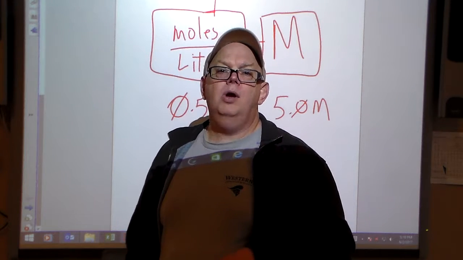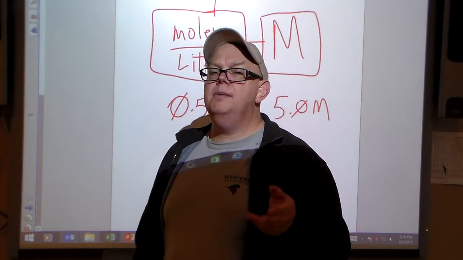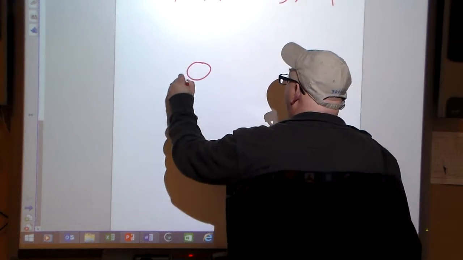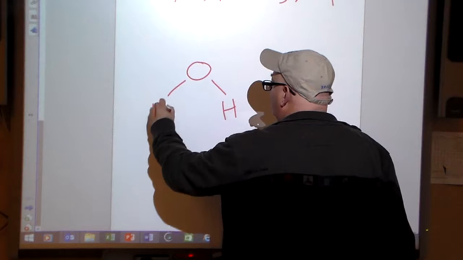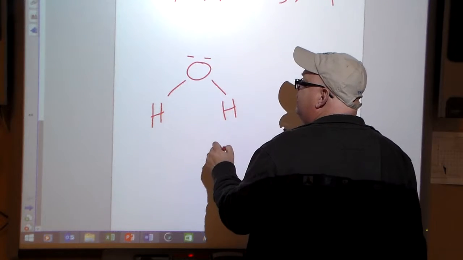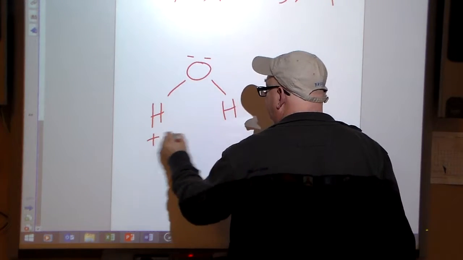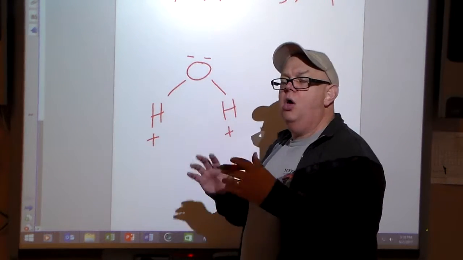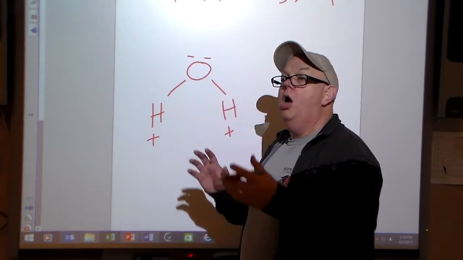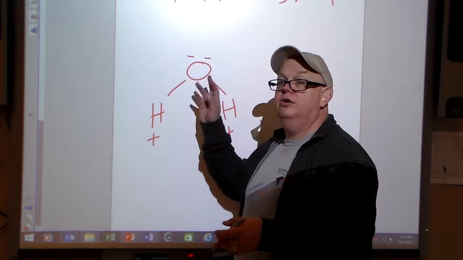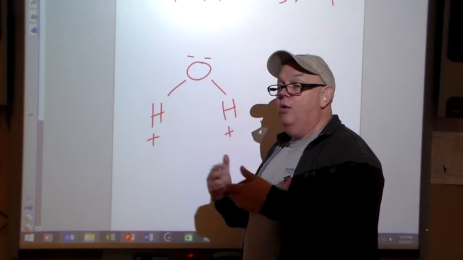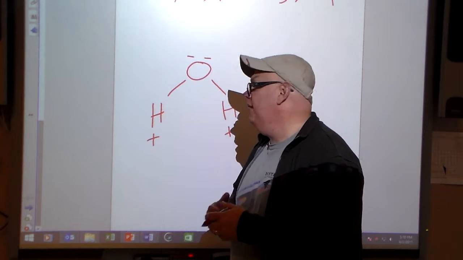Now, what about polar and nonpolar? Well, water is a beloved polar molecule. Why? Because you have the negative end there and the positive ends here on the hydrogen. So it will pull on things that have either a positive or a negative end to it, and that will allow the breaking apart of things.